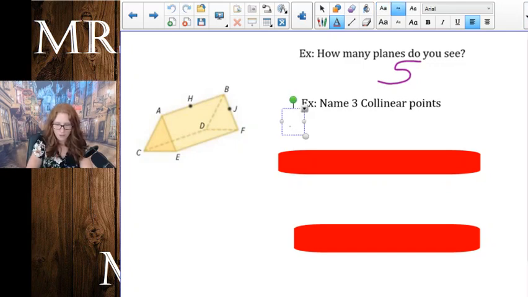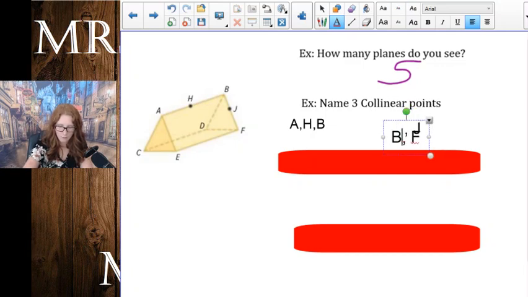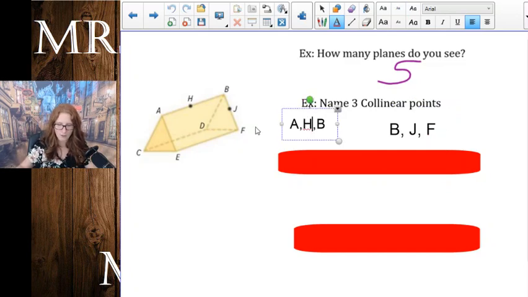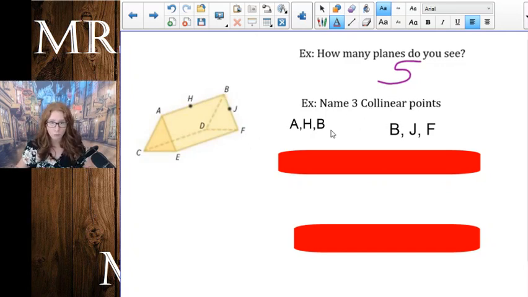We could either choose to say A, H, and B, because they all sit on that one line of AB, or I can choose to say B, J, F, because they sit on the line right here. So you can choose these 3 points, or you can choose these 3 points. You're just answering the question of 3 collinear points. They both are right. One's not more right than the other. You can just write one of them.